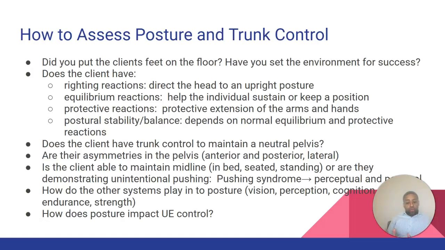People with pushing syndrome, contraversive pushing is what it's called, you can't just push them to midline. They're going to resist you. That is not advised. You can't tell them to sit in the middle, because that is their middle.